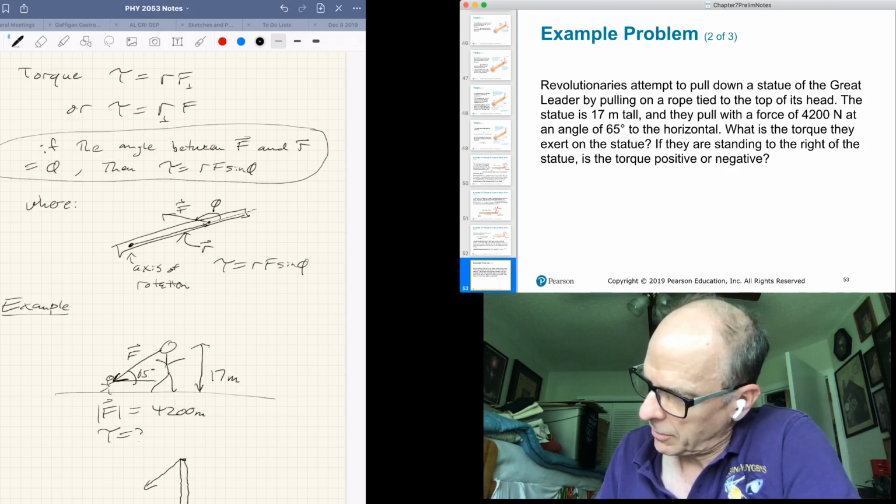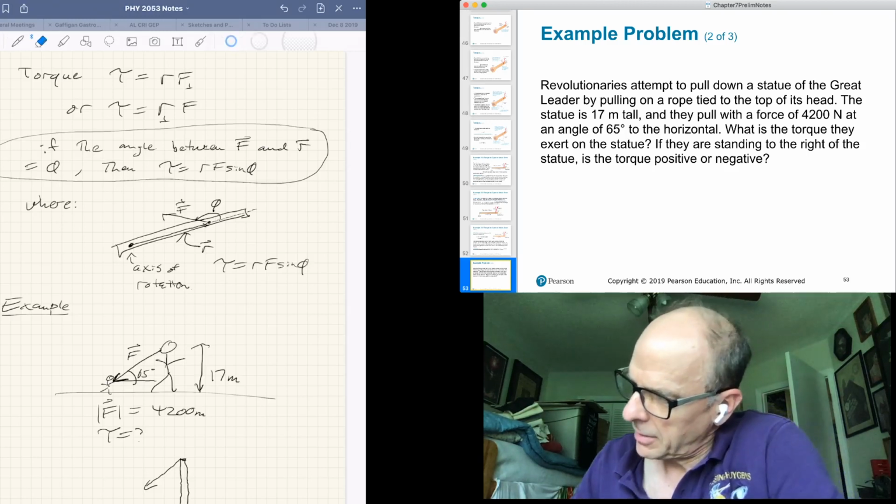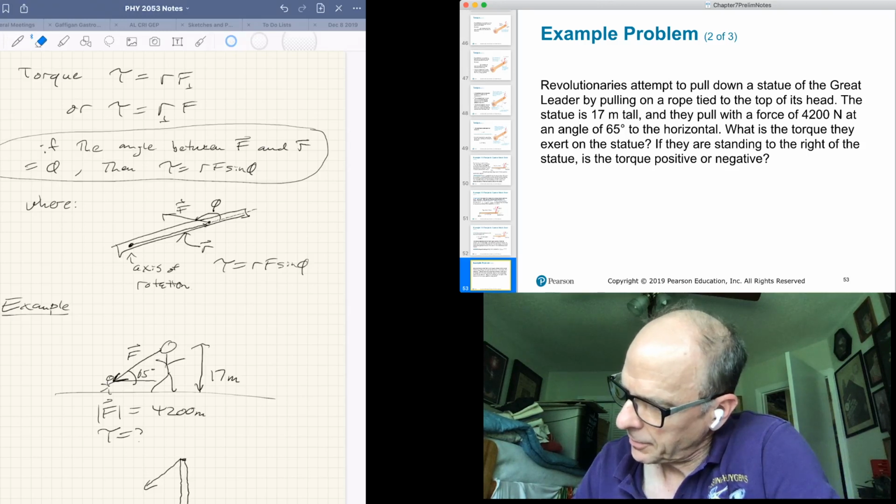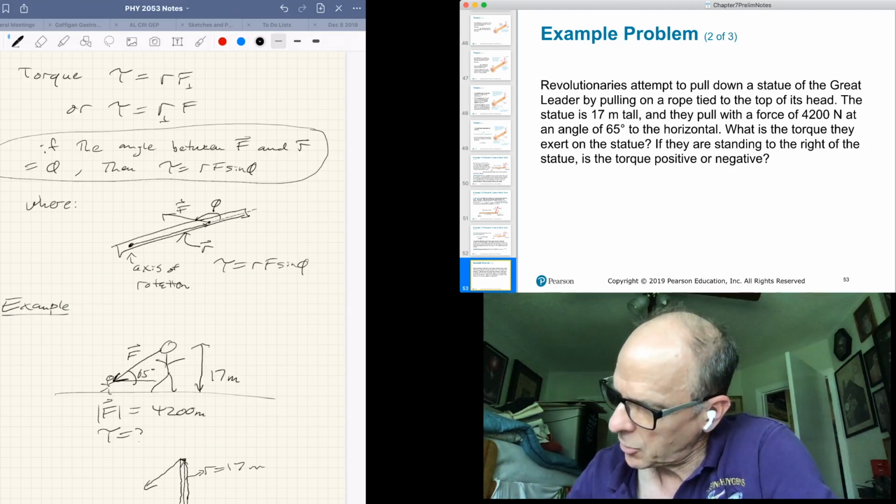Here's the pivot point. The distance here, this is my r, is 17 meters, and it's pointing up.